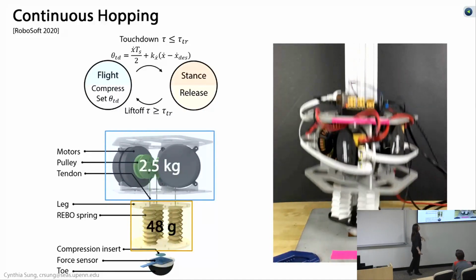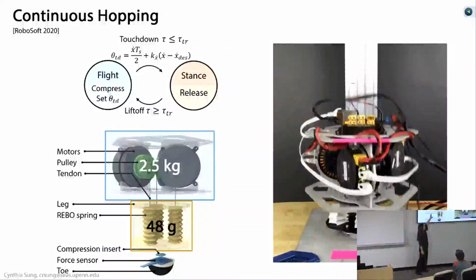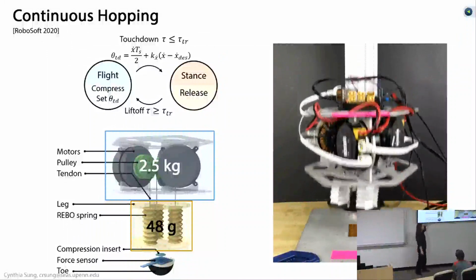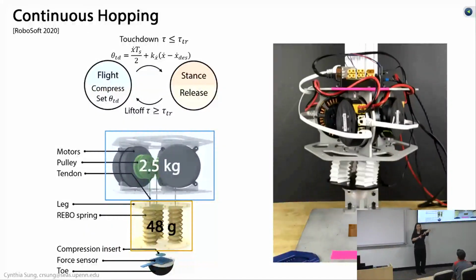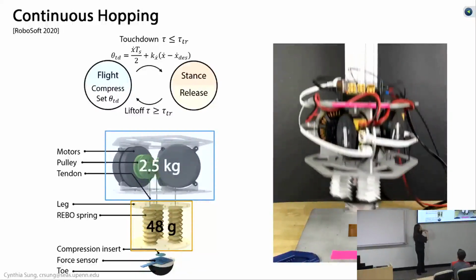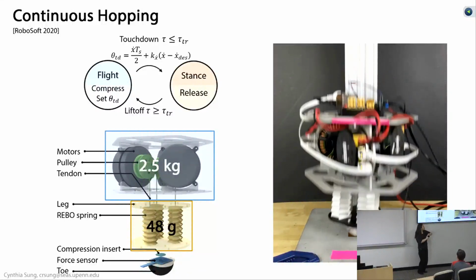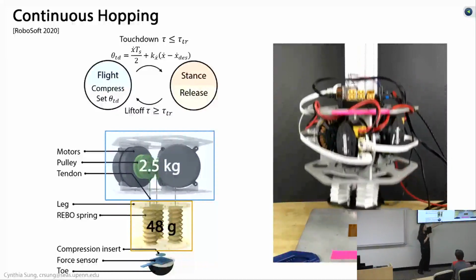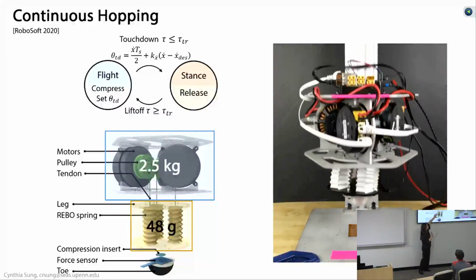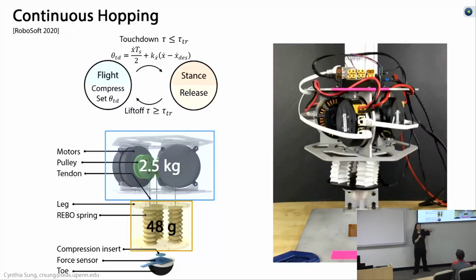What I want to emphasize is that in this case, the robot is carrying 3.5 kilograms of mass at the top, which is just motors, frame, computation, etc. And all of the energy that is being stored and released for this jumping behavior is being stored into 50 grams of folded material.